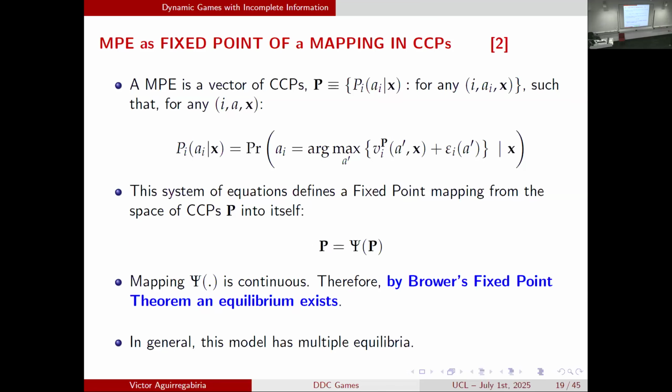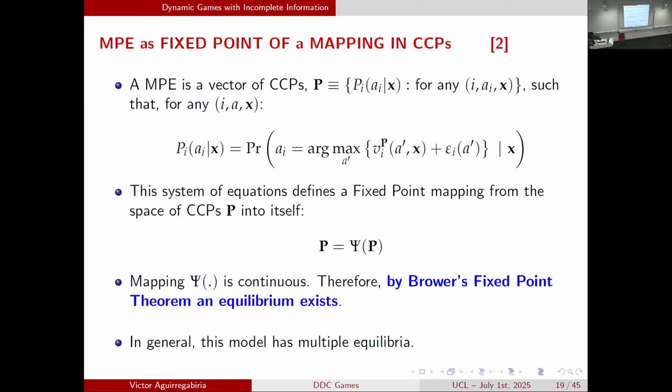Basically, my choice probability today should be the result of integrating my best response function today over the distribution of epsilons.